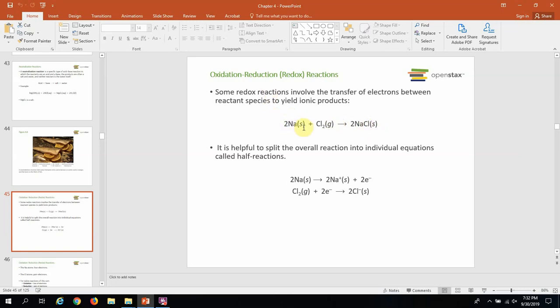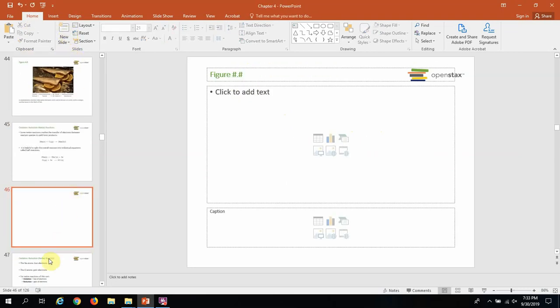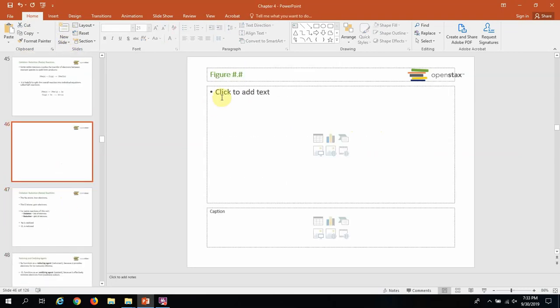One of them becomes reduced and the other oxidized. At this point, it's important to talk about what is oxidation and what is reduction.